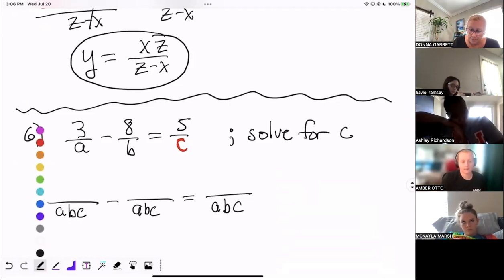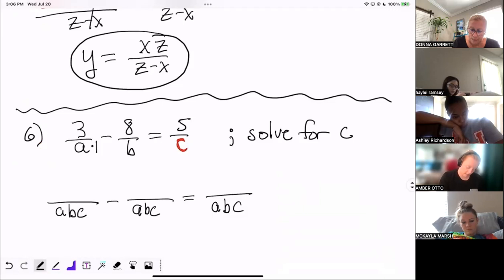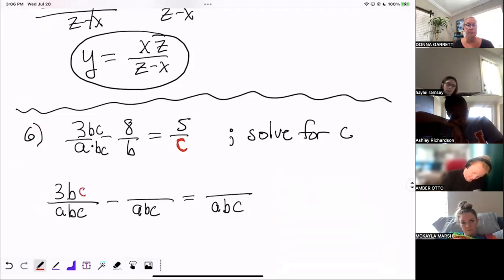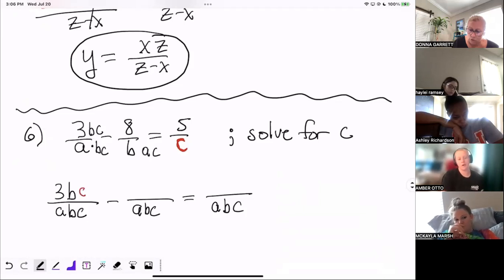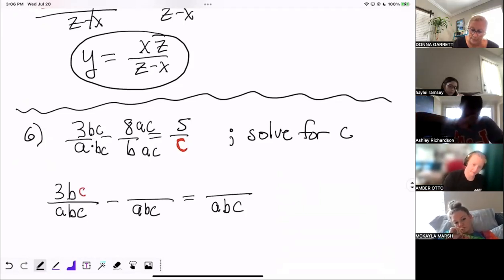I have A. For my first fraction, I need BC, which means I got to multiply by BC. So what I have is 3B, and now I'm going to put this as red, C. My second fraction, I have B. That means I need AC, which means I multiply the numerator by AC.